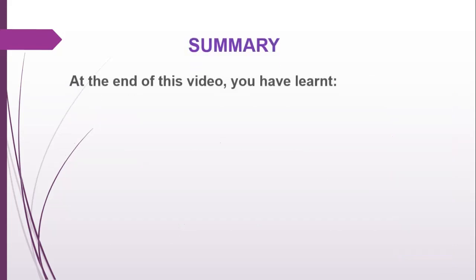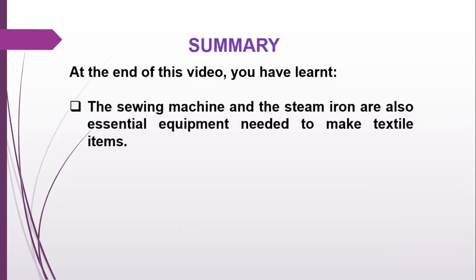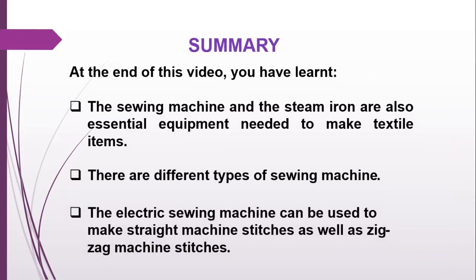Let's do a recap. In today's lesson, you have learned that the sewing machine and the steam iron are also essential equipment needed to make textile items. That there are different types of sewing machine. That the electric sewing machine can be used to make straight machine stitches as well as zigzag machine stitches.